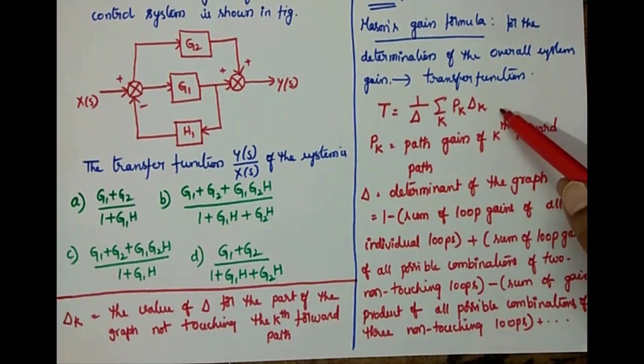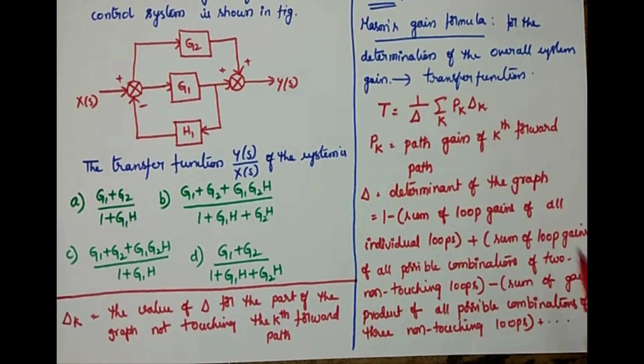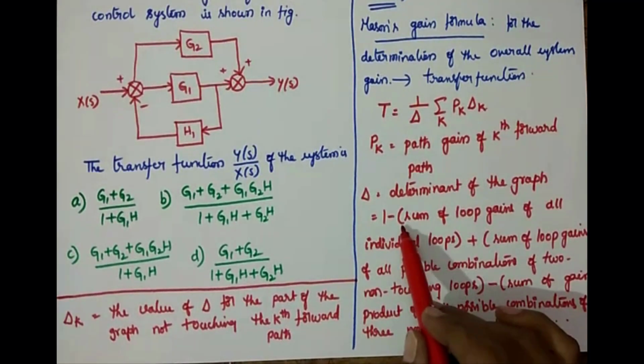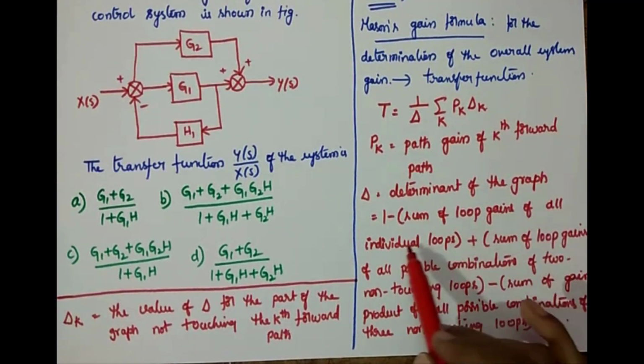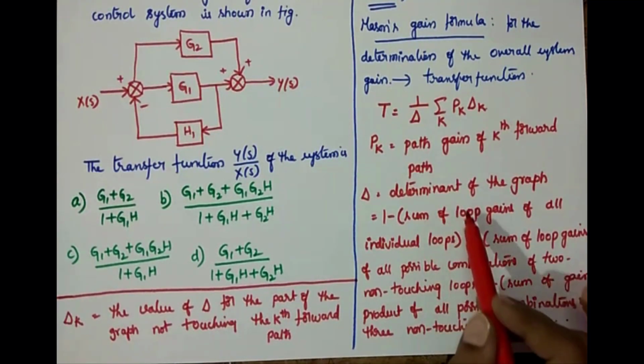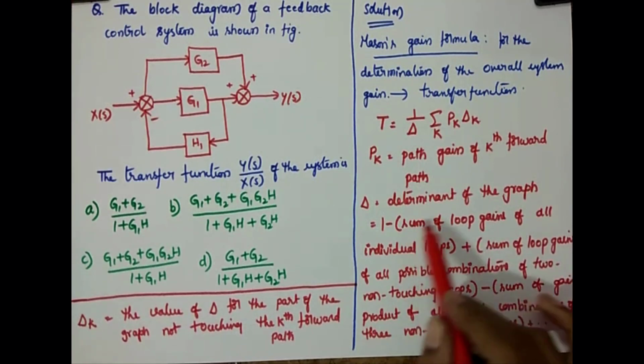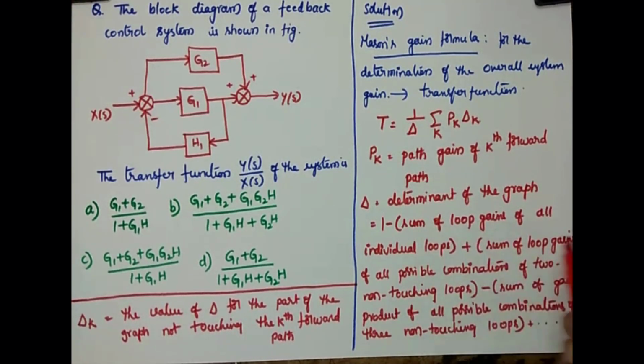This is the formula to find that gain, 1 by delta, sigma k, Pk delta k. What is Pk? Path gain of the kth forward path. Delta is the determinant of the graph, and that is equal to 1 minus sum of loop gains of all individual loops. Then change the sign.